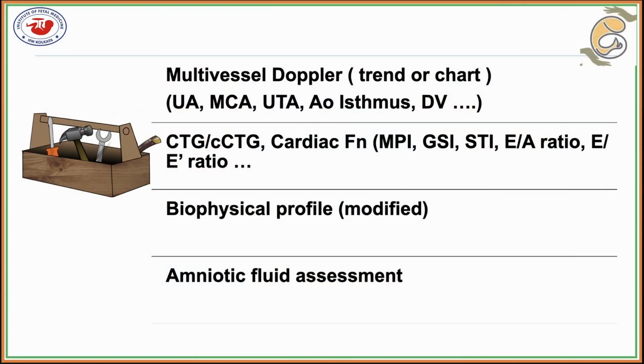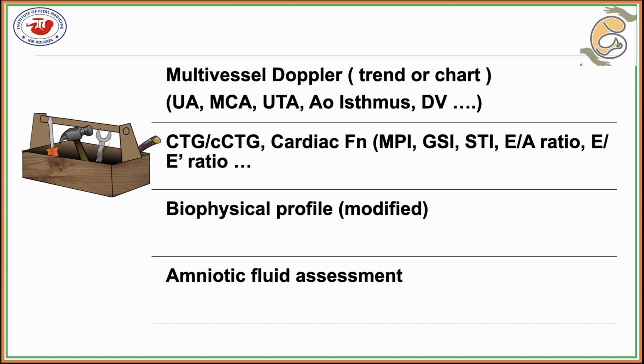Now what are the tools? These are the different tools. One is the Doppler, multi-vessel Doppler, where we'll be using umbilical artery, middle cerebral artery, uterine artery, aortic isthmus, ductus venosus, all this we'll be using. Other is your CTG or cCTG. This is computerized CTG, this is your conventional CTG. Cardiac functional assessment.